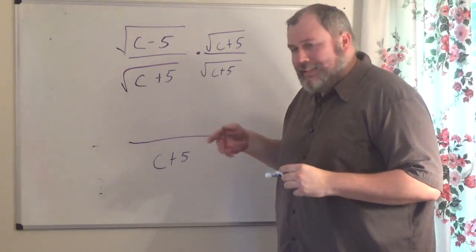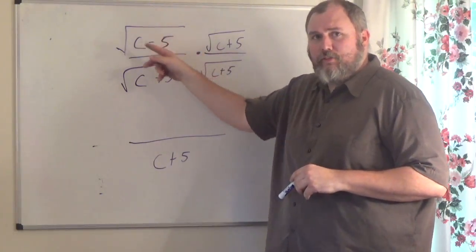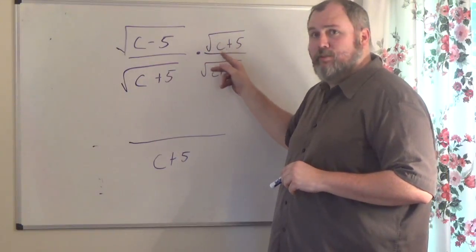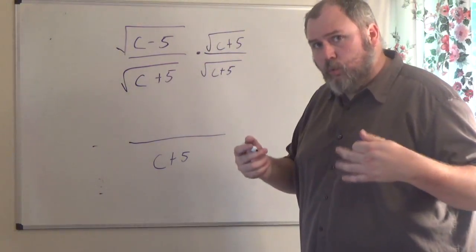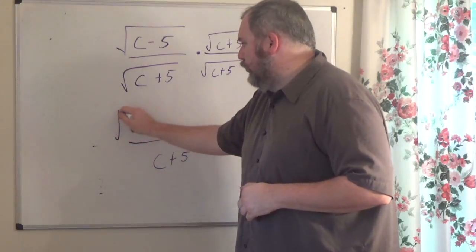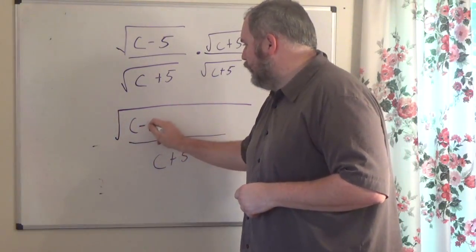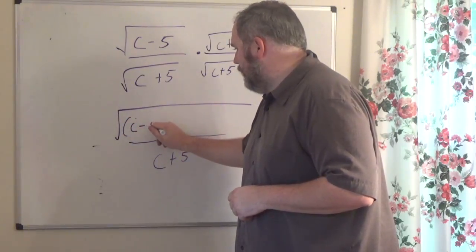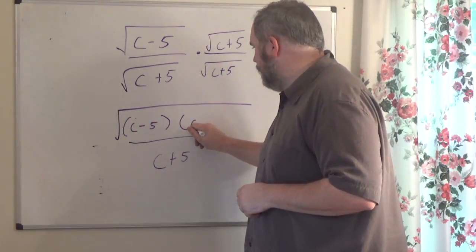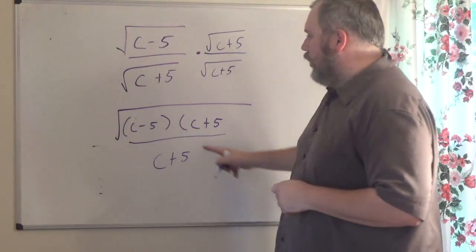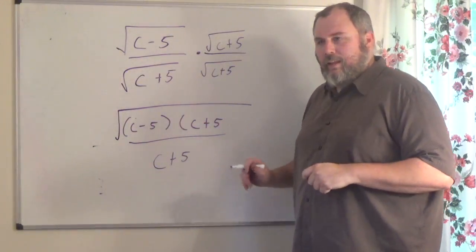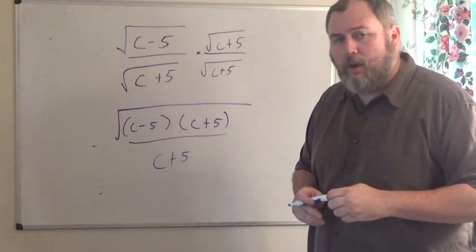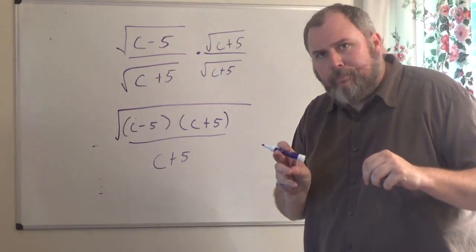What we've got happening now is that we're taking this square root of c minus 5 and multiplying it by the square root of c plus 5. I can rewrite this to say the square root of c minus 5 times c plus 5, all of this being square rooted. So that's c minus 5, c plus 5, multiplying those two together. Wait a minute.